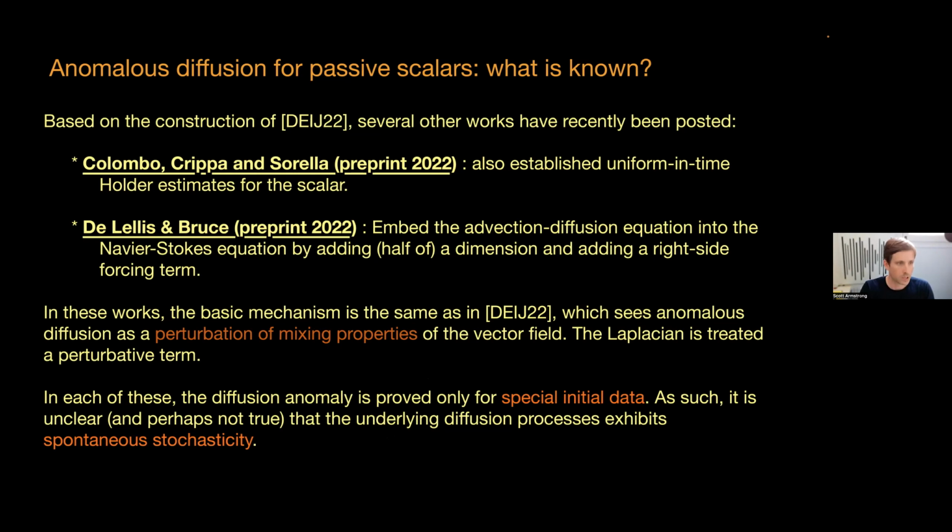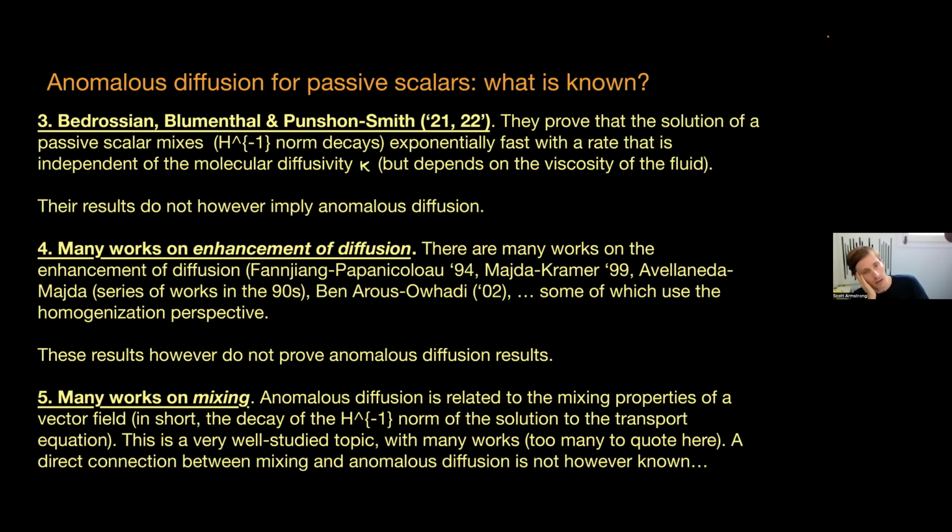Okay, so there's a lot of other works that sound like they're very related to this, but actually aren't that related. There's a lot of papers that are based on mixing, but as I'm going to try to explain, studying the H-1 norm and saying that its norm decays very fast is not the same as saying that the L2 norm decays.